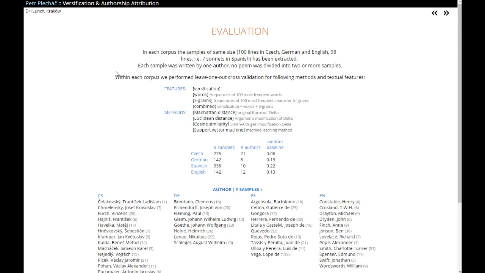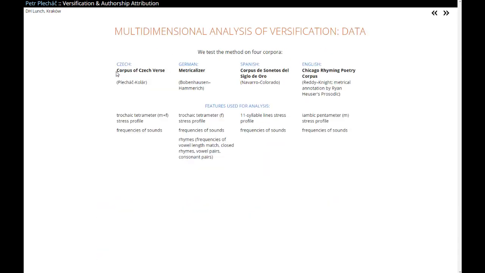Yeah. So to start with the Czech corpus, we really took just a piece of it, because it's some 2.5 million lines, and about 15 million words, I think. The German corpus, I'm not sure about the size measured by lines, but it's some 50,000 poems.